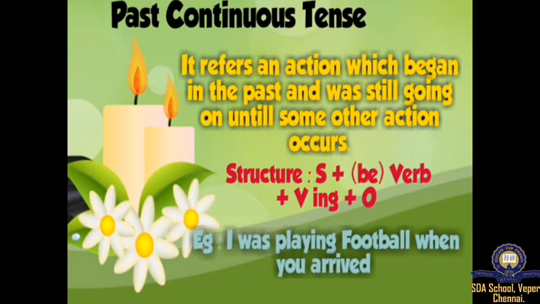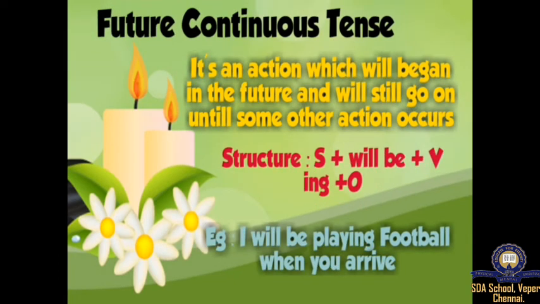Now, let's see the other continuous tense, that is future continuous tense. First, let's see the definition. It's an action which will begin in the future and will still go on until some other action occurs. Its structure is subject plus will be plus verb with ing plus object.